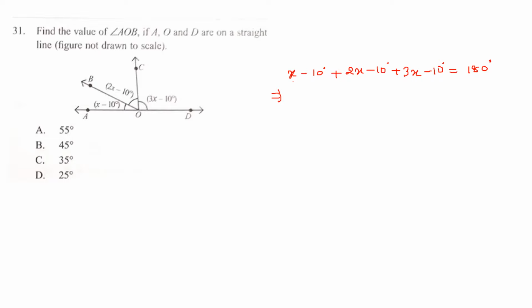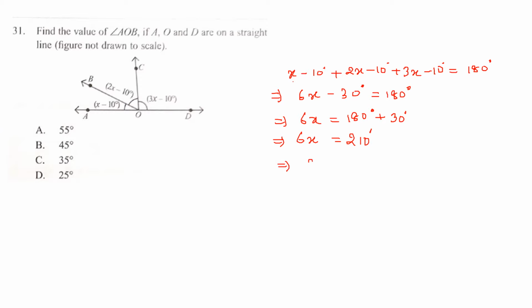So x plus 2x plus 3x will give you 6x, minus 10 minus 10 minus 10, so it will be minus 30 degrees, equal to 180 degrees. Further, 6x will be equal to 180 degrees plus 30 degrees, and if you add it, you are going to get 210 degrees. So 6x is equal to 210 degrees.